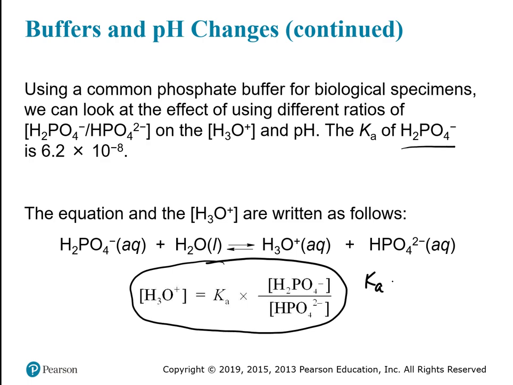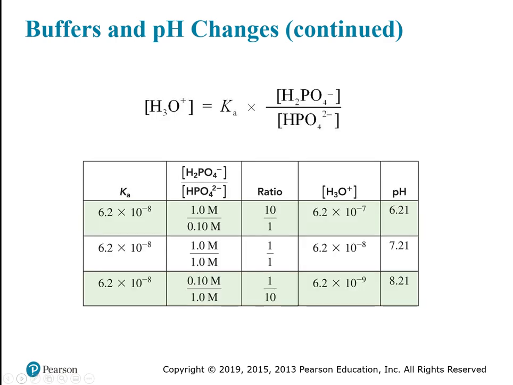So the whole Ka is equal to, and then the stuff on the top, stuff on the bottom, and then rearrange to get this equation for the hydronium concentration. If you look at different ratios of weak acid and conjugate base, you can see that there are changes to your pH.